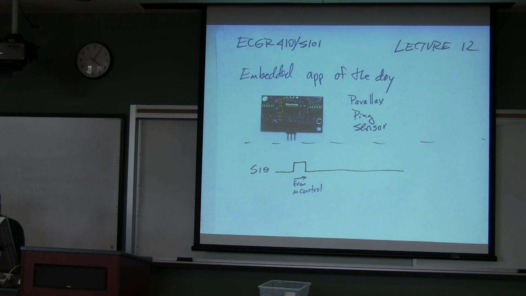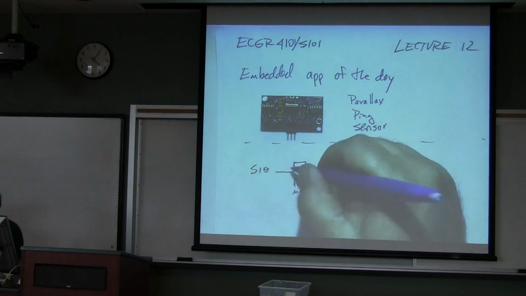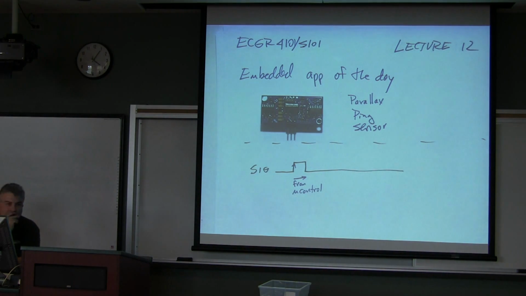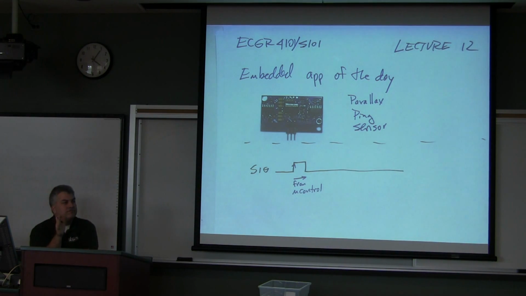The microprocessor there will automatically handle, hey, I was given the rising edge of a signal. I will send out a pulse, then I will sit back and I will listen. And it will actually listen for energy.